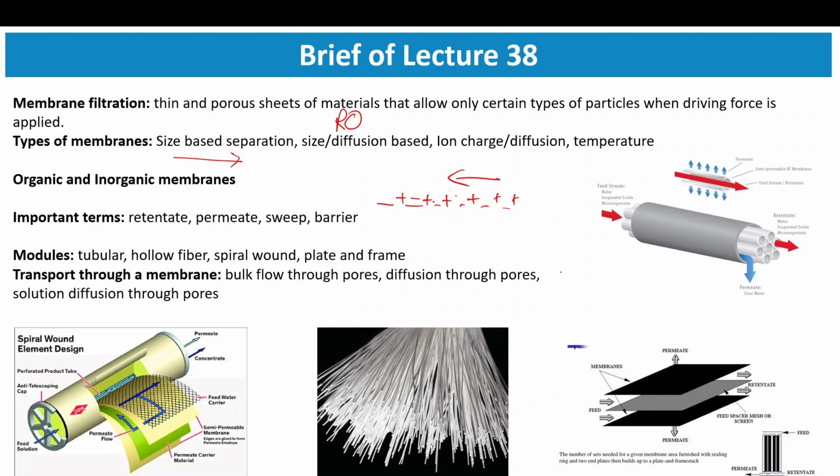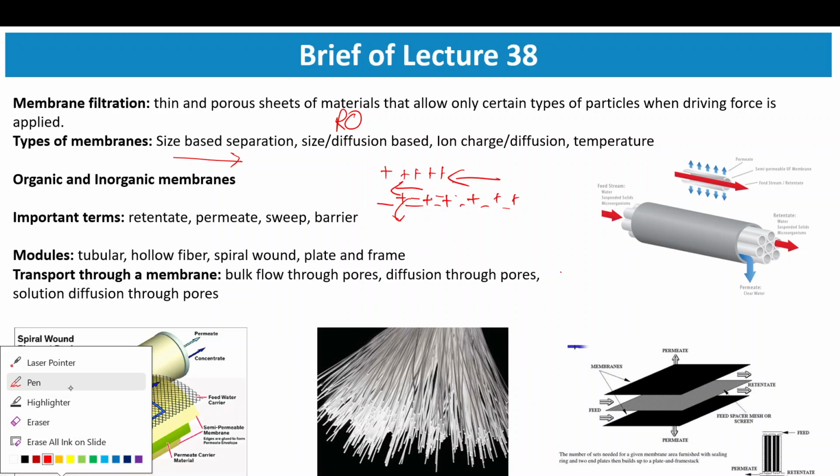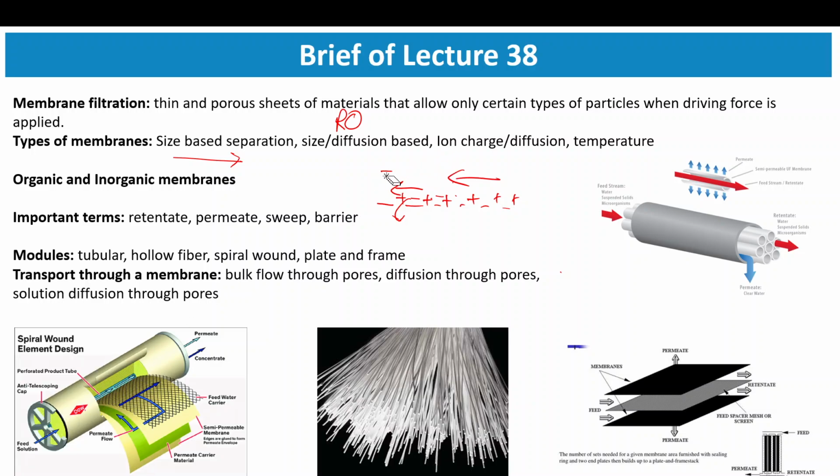Now, whatever will be the negative charged pollutant or particle, it will pass through, while whatever will be the positive charged pollutant, it will get repelled because of the charged membrane. Okay, so because of the electrostatic repulsion, not attraction, repulsion exists here, which causes the pollutants to be removed.